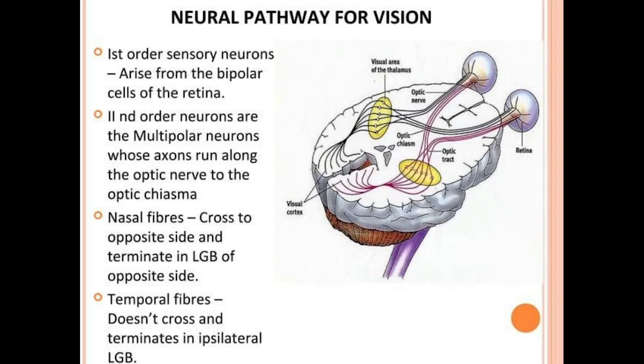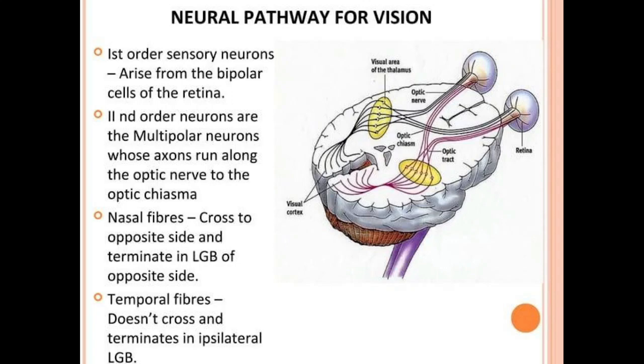The temporal fibers of the optic nerve originate from ganglion cells in the temporal half of the ipsilateral retina and the contralateral retina. These fibers join together at the optic disc and are redirected to the optic chiasma, where they cross to the opposite side before entering the optic tract.